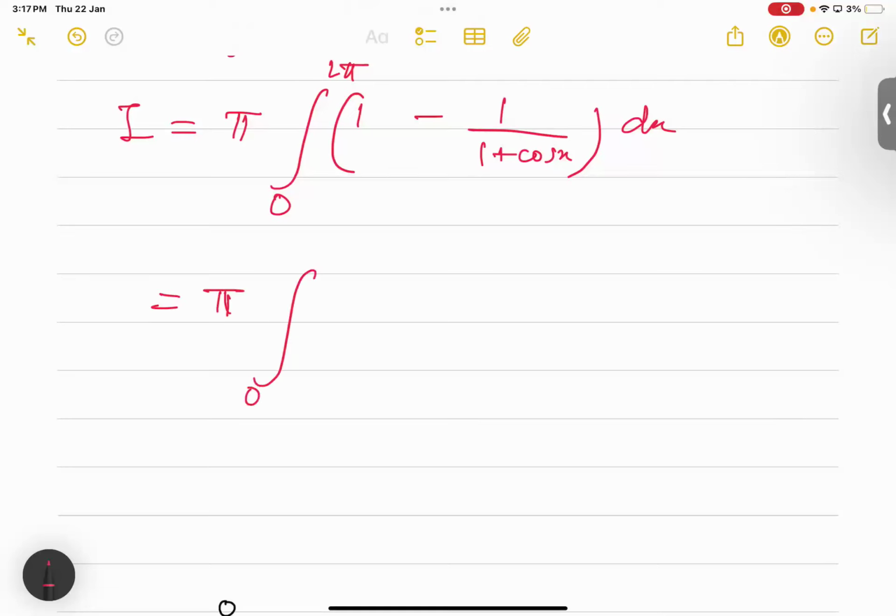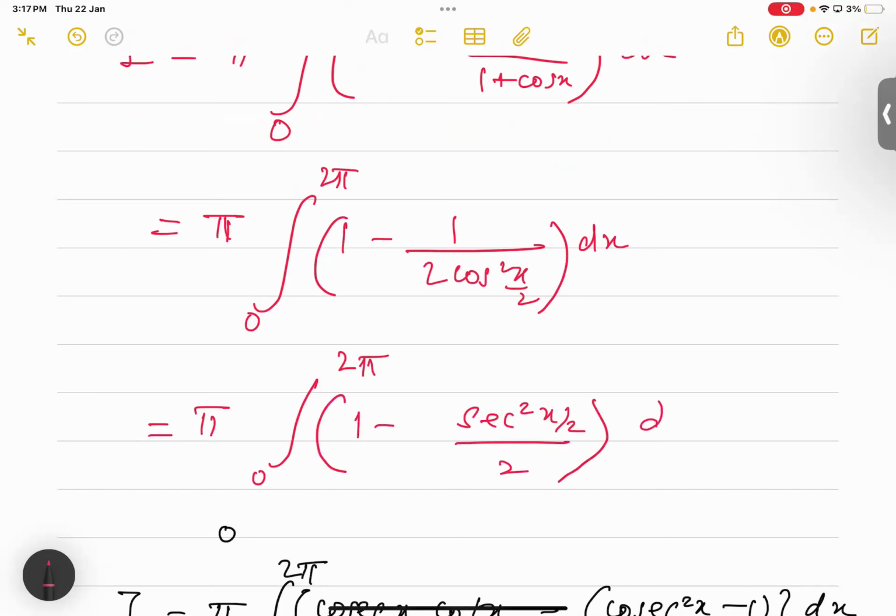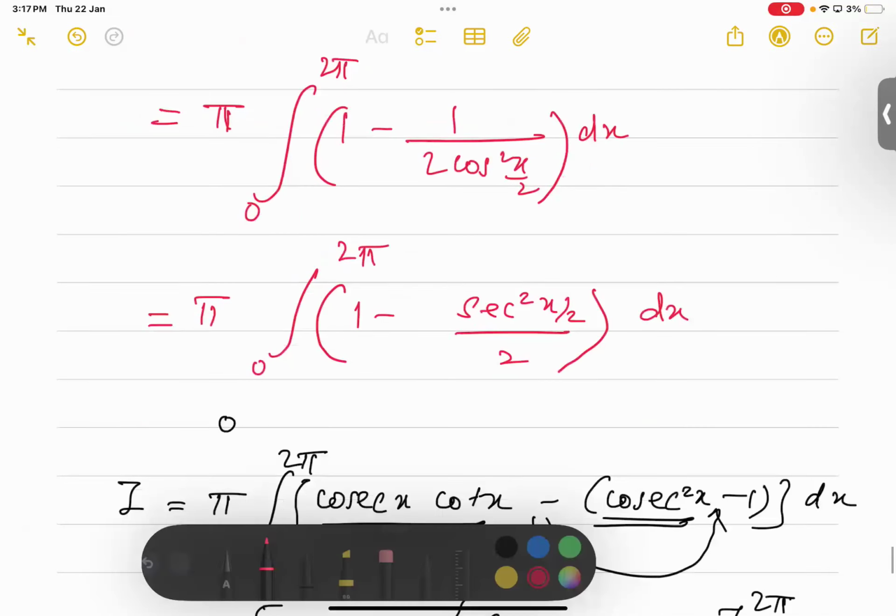Individual, yes, but then something more. 1 plus cos x is 2 cos square x by 2, half angle. So pi times integral from 0 to 2 pi of 1 minus sec square x by 2 upon 2. Now can we integrate this?